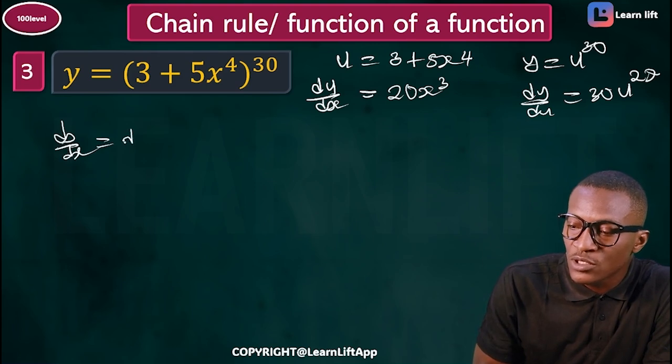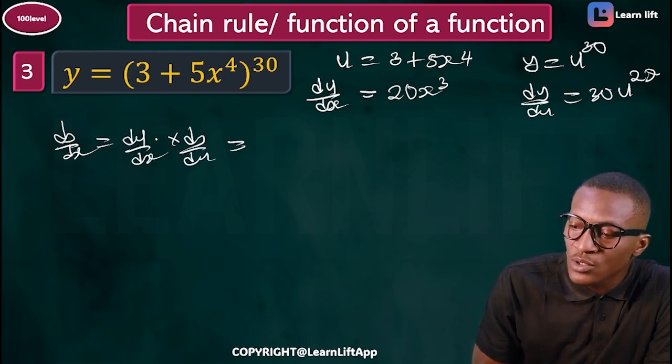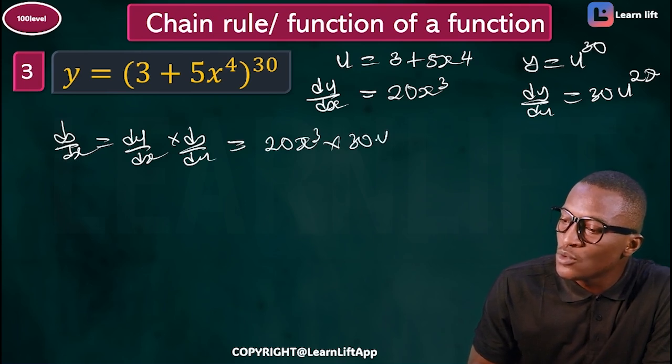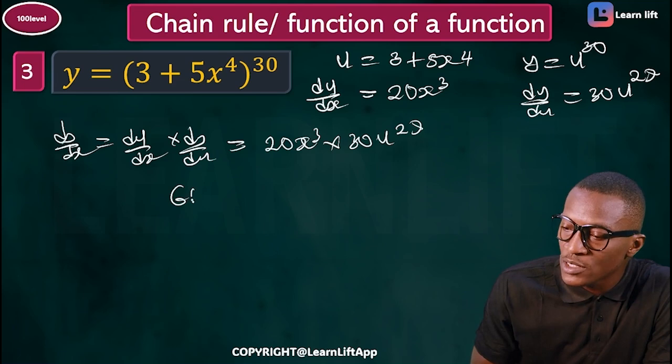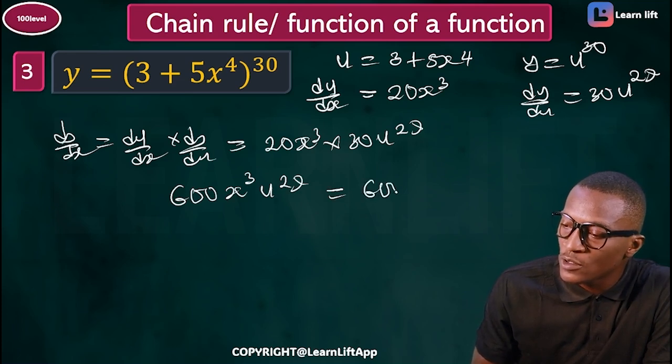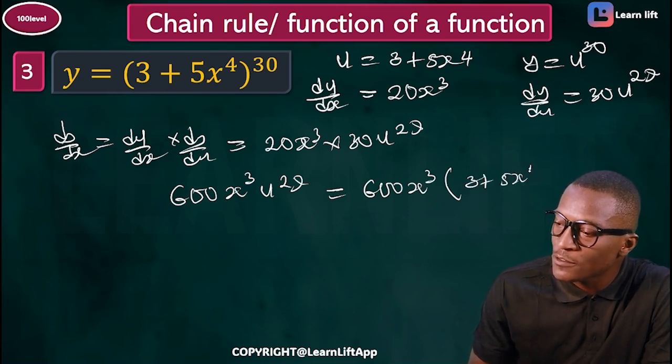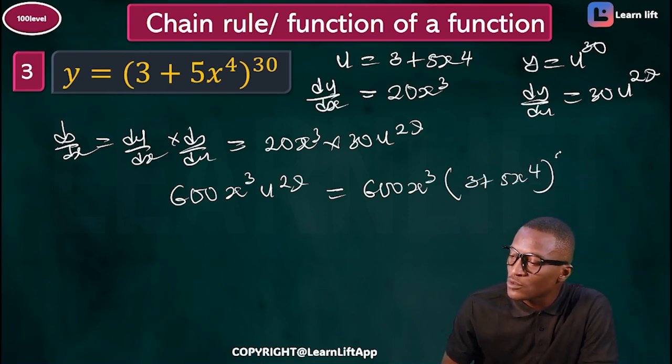So what's now dy over dx? dy over dx is equal to du over dx times dy over du. So what's du over dx? du over dx is 20x raised to power 3 times dy over du, that's 10u raised to power 9. 10 times 20 will give me 200x cubed u raised to power 9, which is same as 200x cubed into what's u? 3 plus 5x raised to power 4, all raised to power 9.